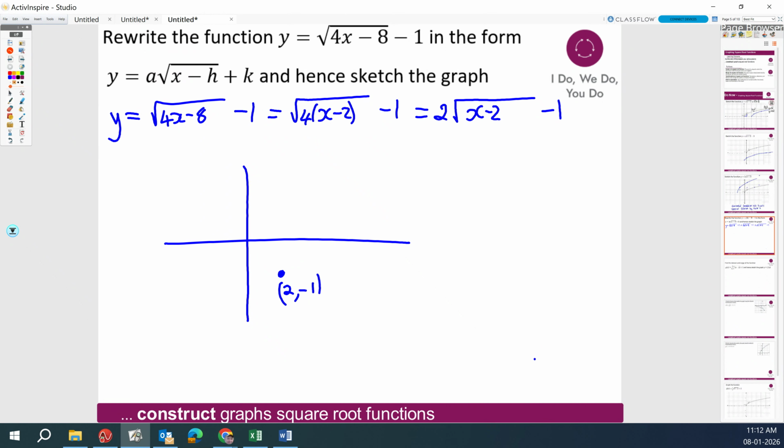And then our next point, instead of being 1 comma 1, it would go across to 3, 0. And then instead of going 1 up, we would go 2 up. So it would be here at 3, 1. And our graph is going to look like this.